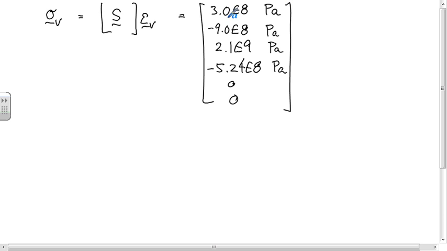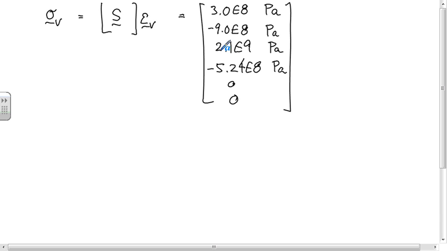And notice that when we calculated the strains, there was no normal strain in the x direction. But now, remember what I was saying before about the Poisson effect. The fact that there are strains in the other two directions means that x direction doesn't want to stay the same thickness.